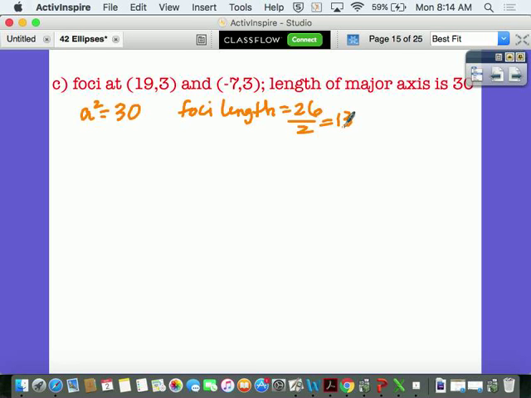Okay? So then that is the value of c. So then you use c squared equals a squared minus b squared to help you find b squared for your equation. So 13 squared is 169, a squared is 30, and then minus b squared.